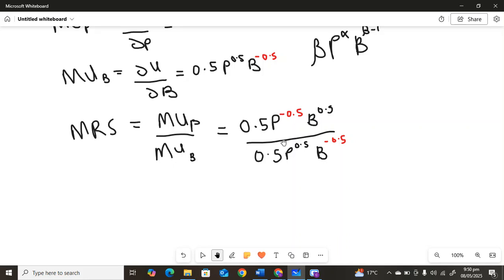And if they ask you for the marginal rate of substitution, you should know to do this. Can someone try to simplify it? Let me see what you get when you simplify it.